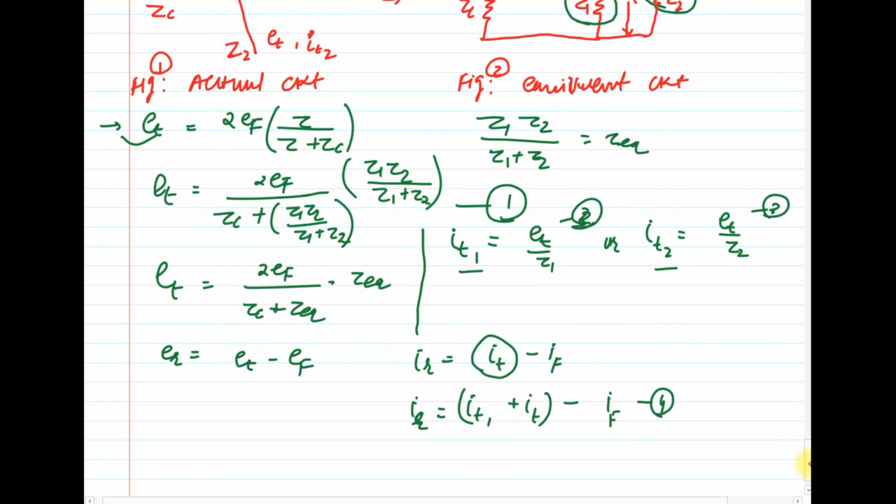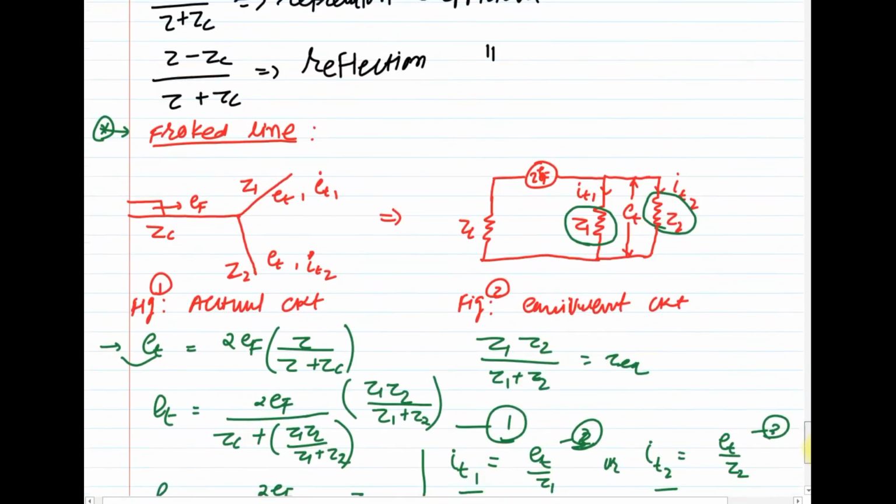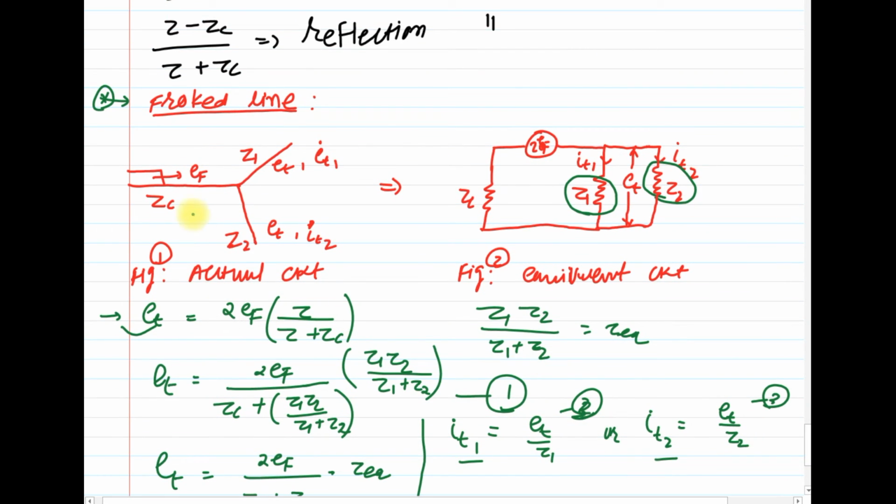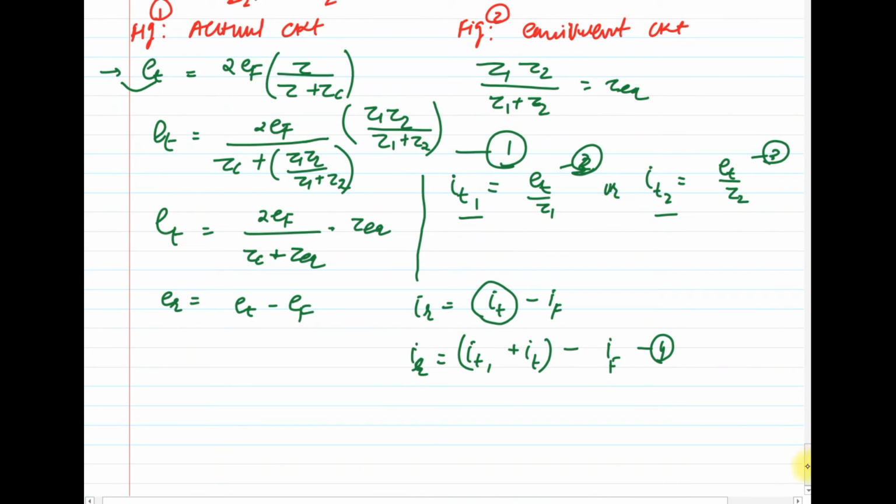I hope you have cleared the concept of fork line, which shows the number of branchings is increased at a junction. That means your surge impedance is divided into two different impedances having different values. So such kind of line or branching is known as a fork line.